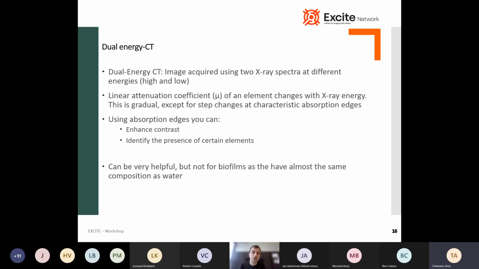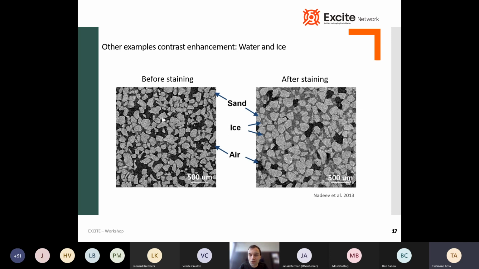Before I end, I will show you some other examples, so you don't think you can only do this with biofilm. The first one I want to show is something I found in a paper from Nadiv, and he wanted to distinguish ice from air. So not water from air.